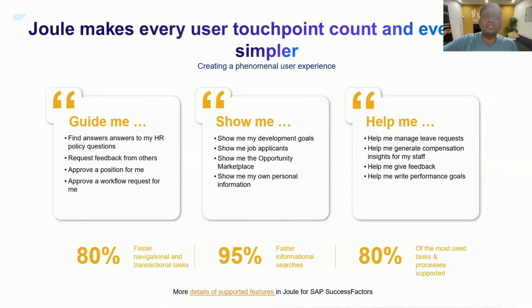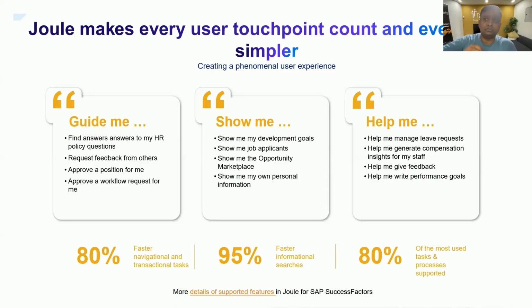So many times employees want to figure out certain information, right? Information could be related to doing some small actions. It could be related to finding certain information, or it could be that the employee needs certain kind of help, right?